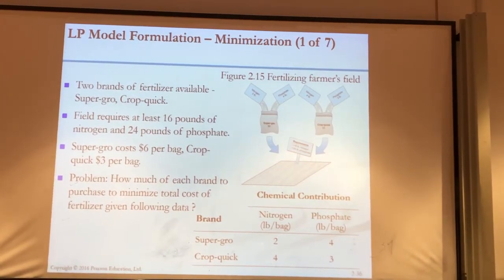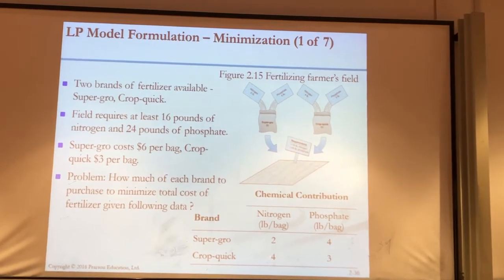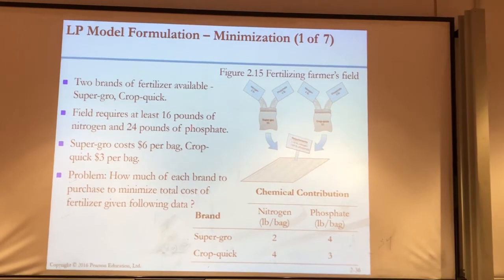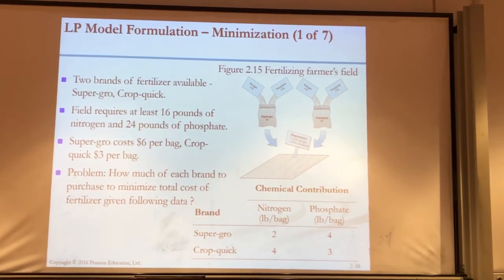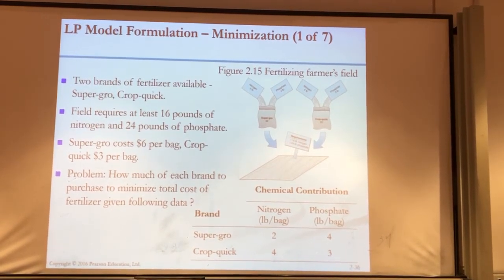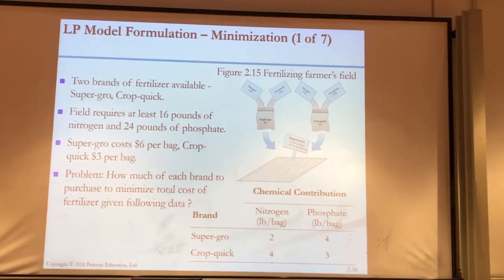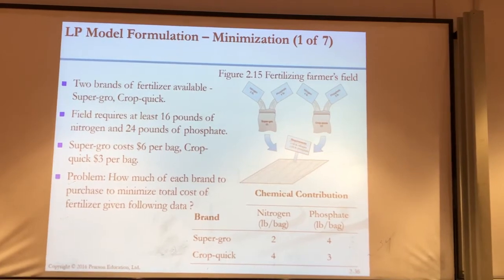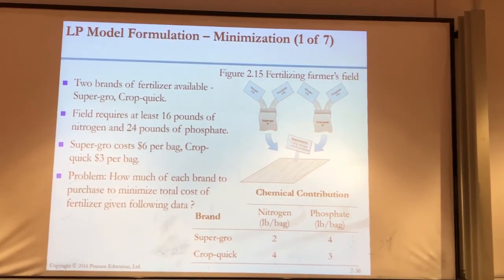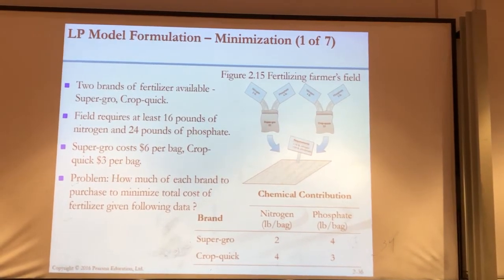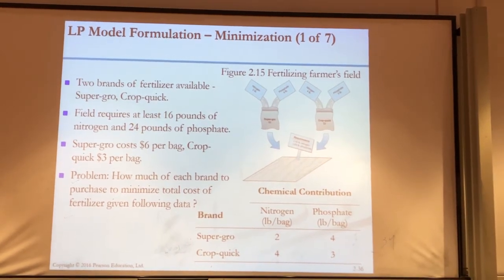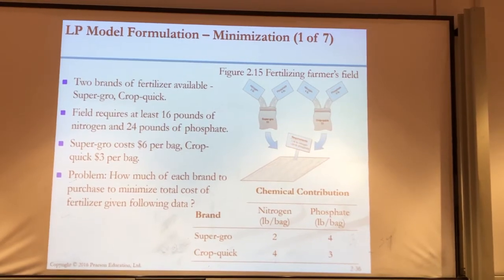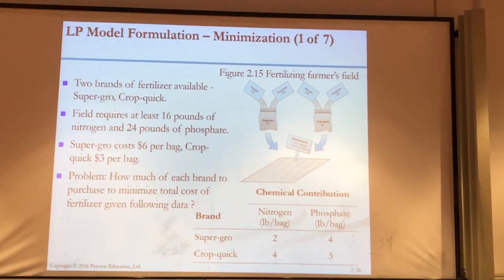You can write down 2x1 plus 4x2 greater or equal to 16, which is 16 pounds of nitrogen, and 4x1 plus 3x2 greater or equal to 24 pounds. And the last constraint is the non-negativity constraint. x1 and x2 both should be greater or equal to 0. So this is the formulation.